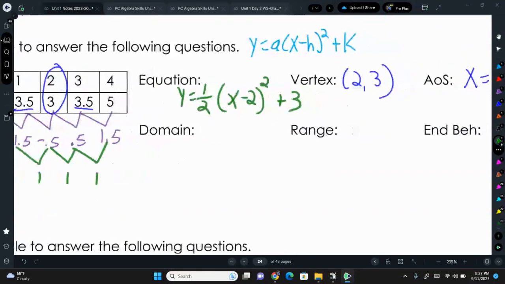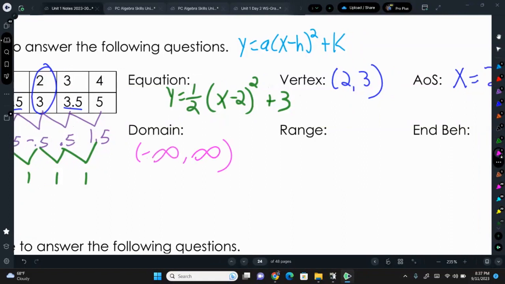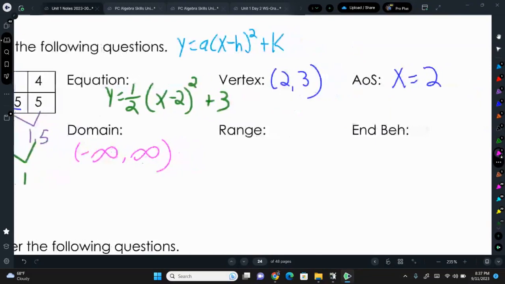Our domain, since this is a quadratic, is -infinity to infinity. The range: our a value is positive, so it's going to be the y coordinate of the vertex to infinity.